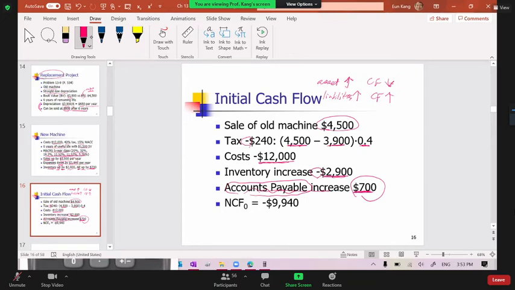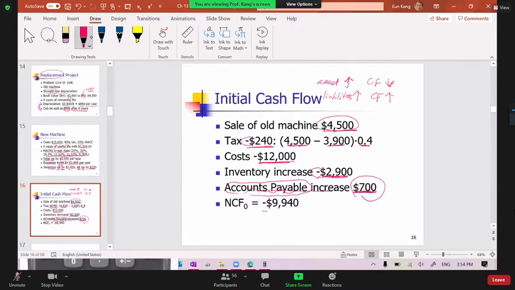Well, inventory increase, as you know, is for you to buy inventory, you have to pay money. So that's why it's negative. So accounts payable increase is positive cash flow. Inventory increase is negative cash flow in the initial year cash flow. So if you add them up, 4,500 minus 240, negative, plus 12,000 negative, and negative 2,900 and plus 700, then what?